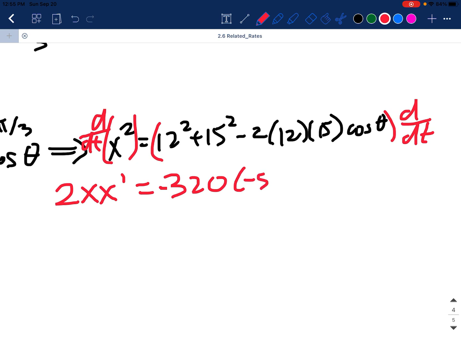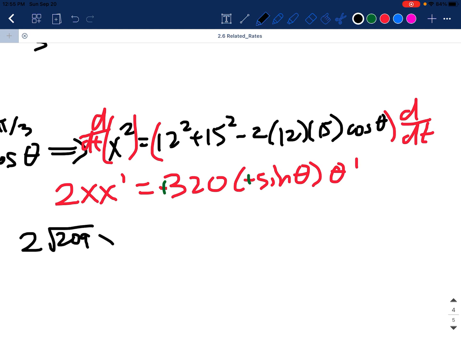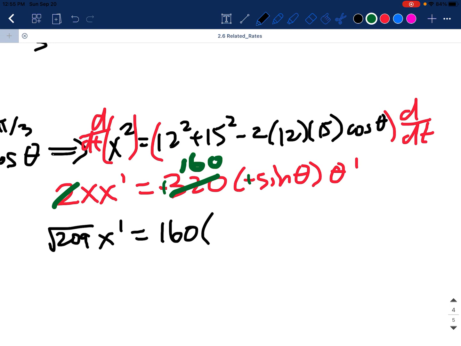Oh, but we have the derivative, yeah, times negative sine theta, theta prime. Okay, so the negative sign is just going to cancel and become positive. And so we'll have 2 rad 209 x prime equals, actually I think we can divide by 2, just make that 160. So we'll have 160. So sine of theta when theta is 60 degrees is going to be rad 3 over 2. And then theta prime is pi over 90.